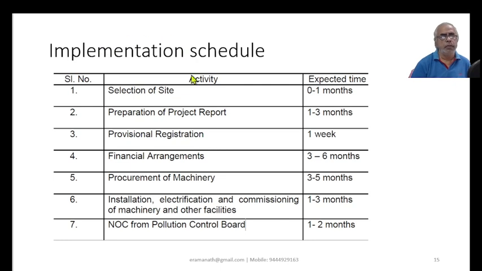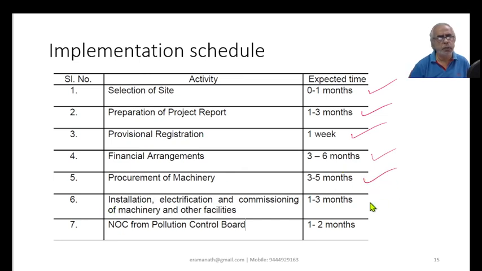Then when we talk about the implementation schedule, probably that is, we need to select the appropriate site and get the approval from the government. Then preparation of the project, it may take 1 to 3 months, and a provisional registration, it may take another one week or 2 weeks, and we should be ready with the financial budgets. It may take 3 to 6 months.